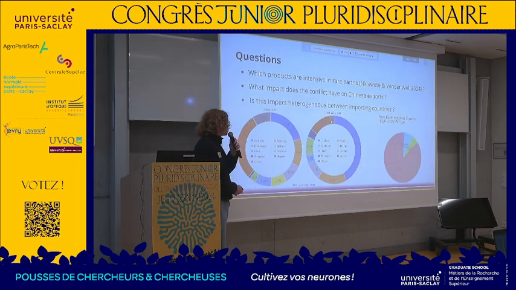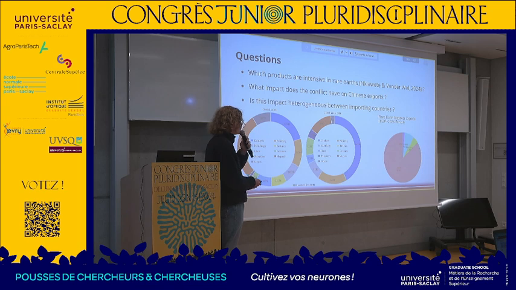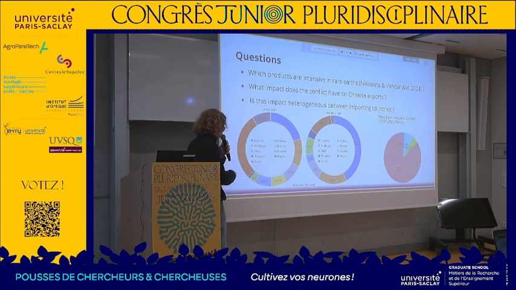So the question we ask ourselves is, first, which products are intensive in rare earth? Looking at these graphs from NKWT and Van der Waal, we understand very easily that at the world level, the most important sector for rare earth allocations is in fact rare earth magnets, which are further used, for example, in high quantities in electric vehicles for their motors.